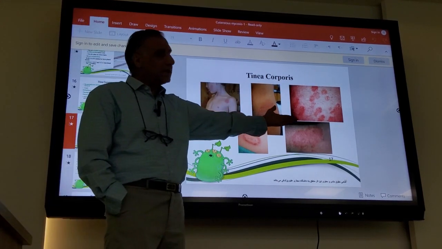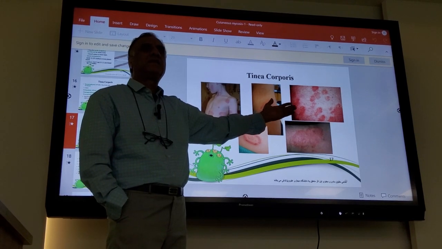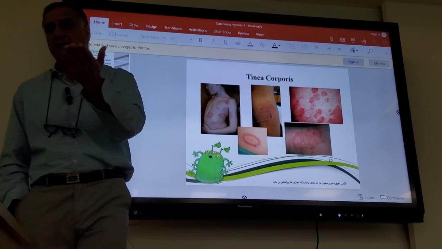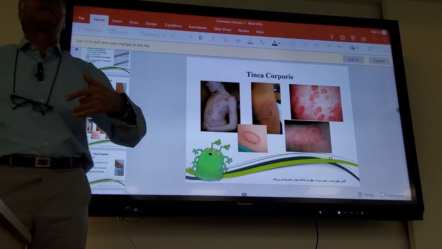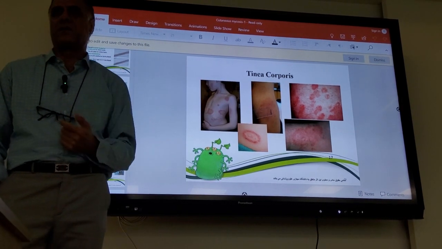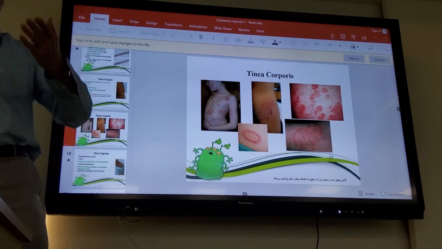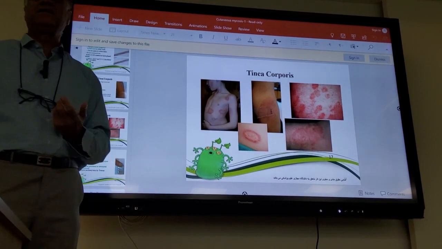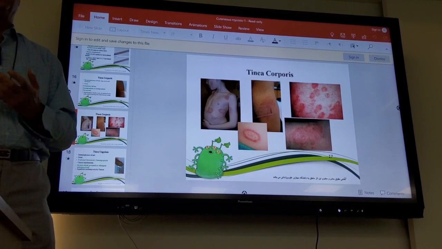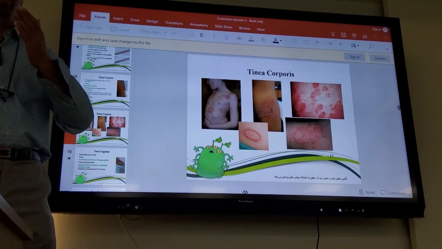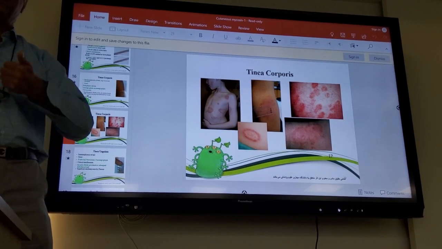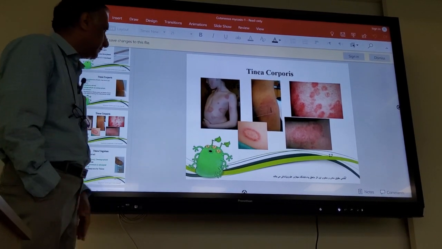There are some differential skin diseases that you may mistake for dermatophytosis, like eczema, psoriasis, and there are many skin diseases that you may suspect to be that infection, and therefore for a good diagnosis you must refer the patient to the laboratory.